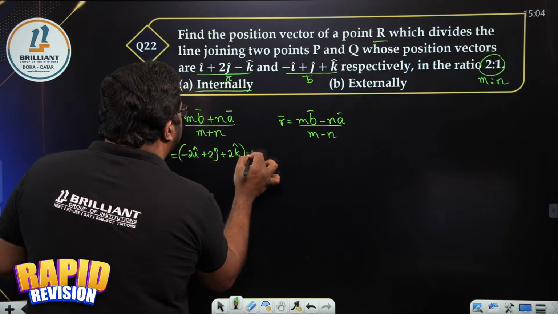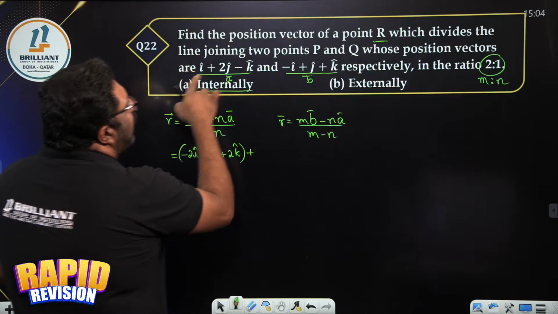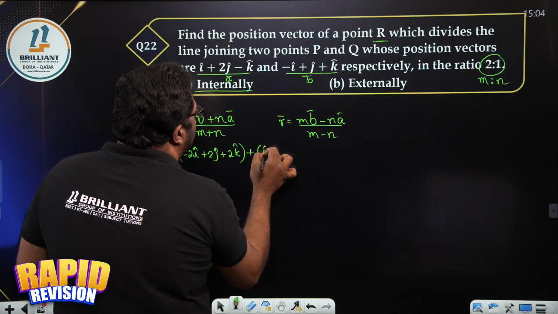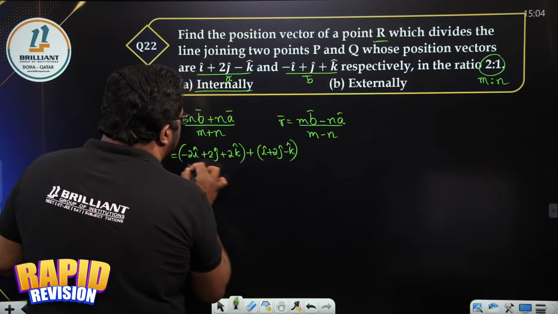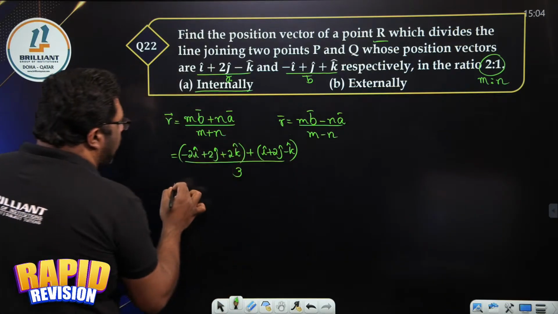Add that with 1 with the second vector, i plus 2j minus k, divided by 3.